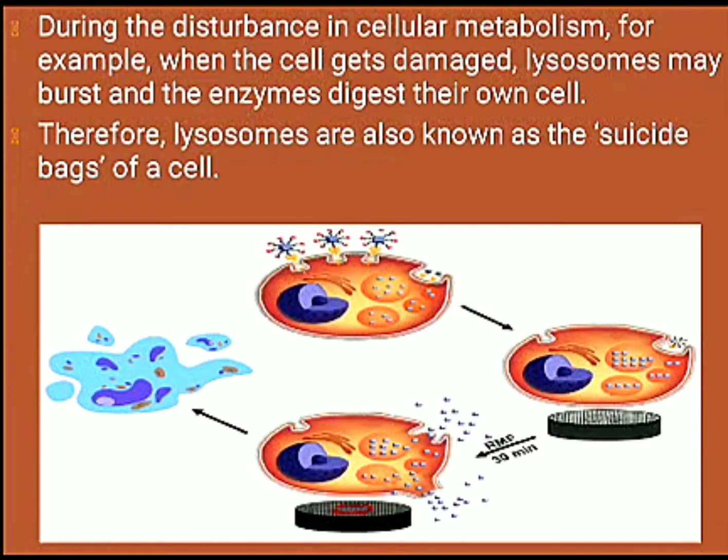Now, during the disturbance in cellular metabolism, for example, when the cell gets damaged due to the entry of any virus or bacteria, lysosomes may burst and the enzymes digest their own cell. Therefore, lysosomes are also known as the suicide bags of a cell.